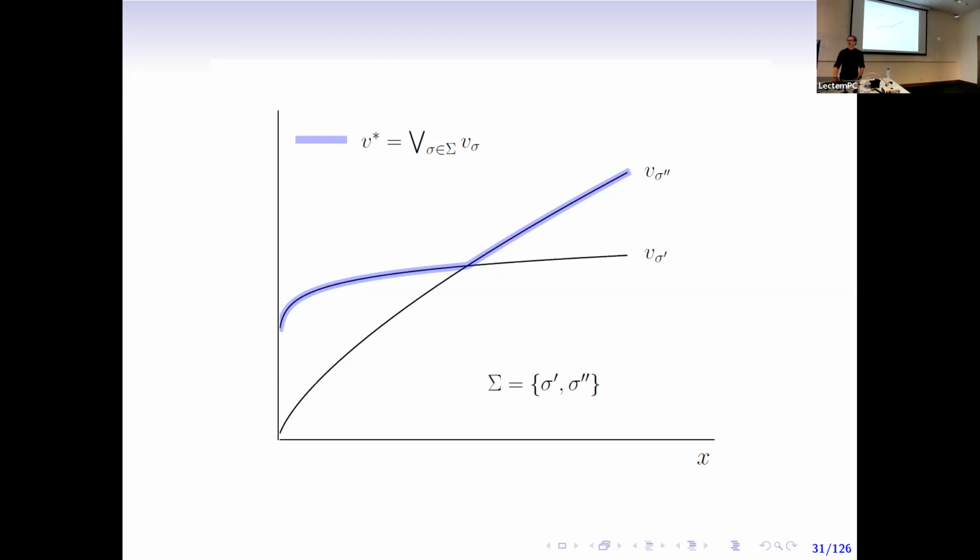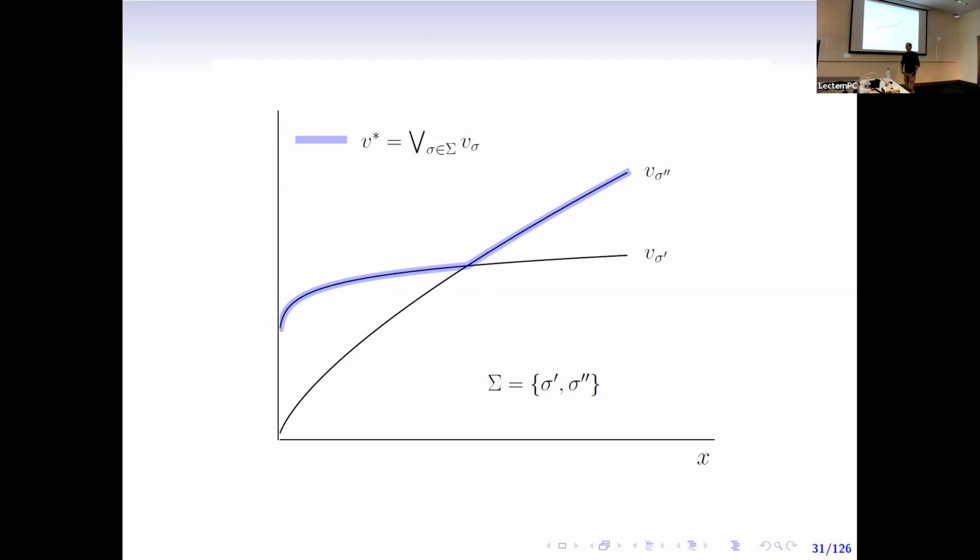Remember the definition of an optimal policy: a policy is optimal if its lifetime value is equal to the value function everywhere. Now I've got the lifetime value of this policy, sigma prime prime, and here's another lifetime value. The value function is the upper envelope, the max of these, but it's not equal to either of them.